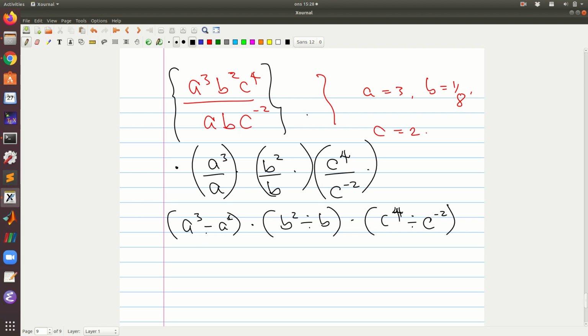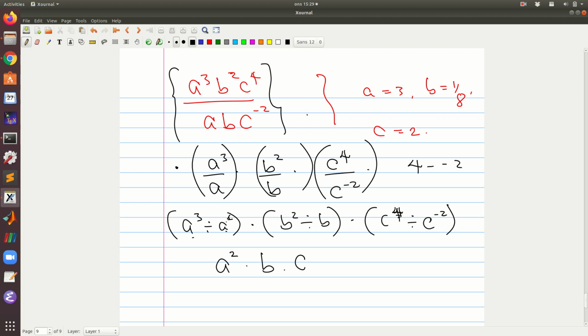Did I say minus? This is divide by, sorry. So we are dividing and the base is the same. What do we do with the exponents? We subtract. But please take note here that now you have 4 minus negative 2.